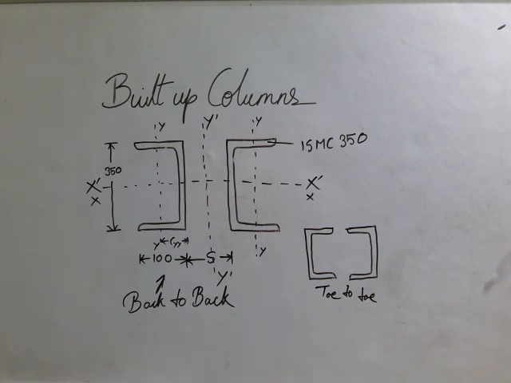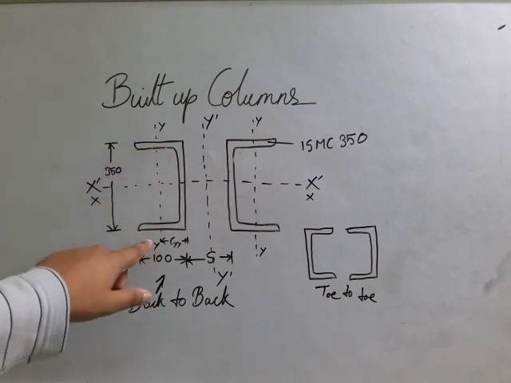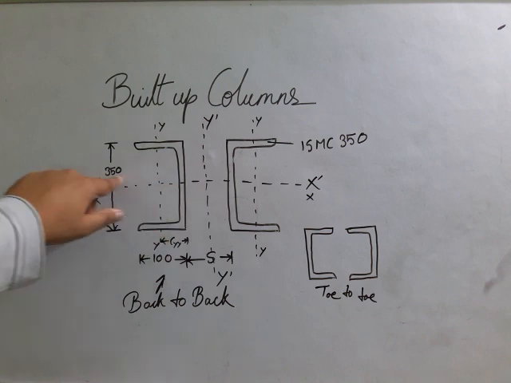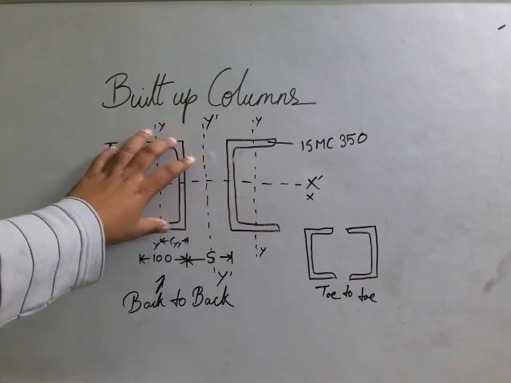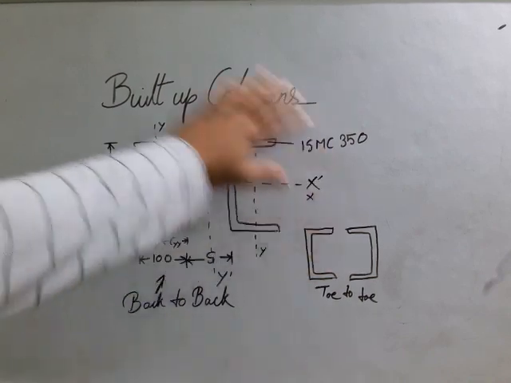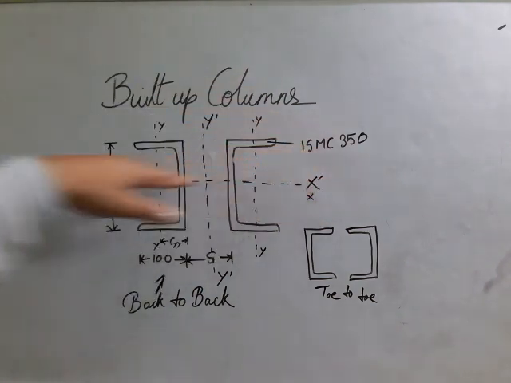And one thing that I want to repeat once again is that we have to be very clear about the axis. This y-axis and this x-axis, just look into this part. This y and this x will be for this section, and this y and this x will be for this section. And when they act as a combined section, their y-axis and x-axis will be this one and this one.